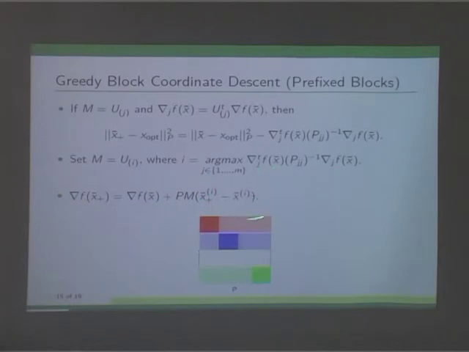I am claiming that this operation is again order nd and not order n square. This is very easy to check. This uses the fact that we are only descending in a few coordinates. So if you chose the ith block, then x bar plus and x bar only differ in this block of coordinates. The rest of the coordinates are not different.